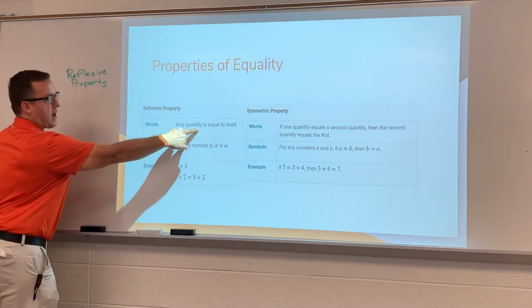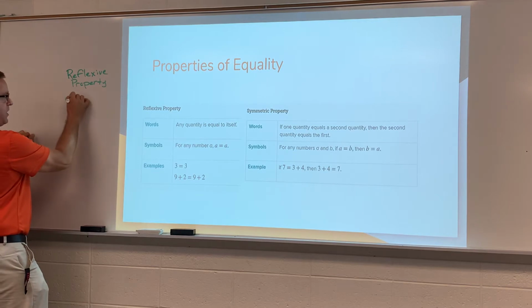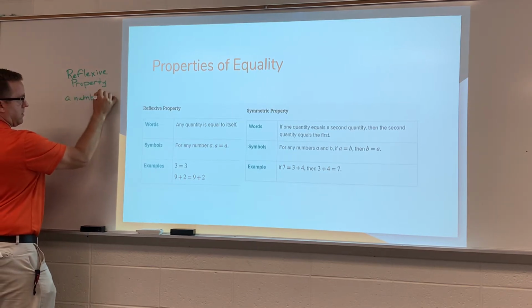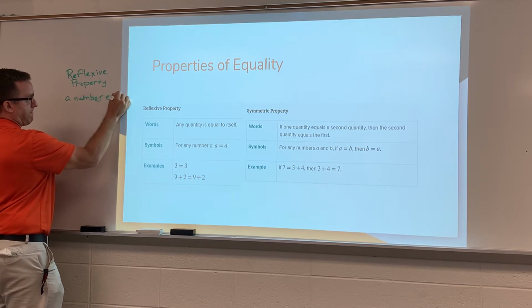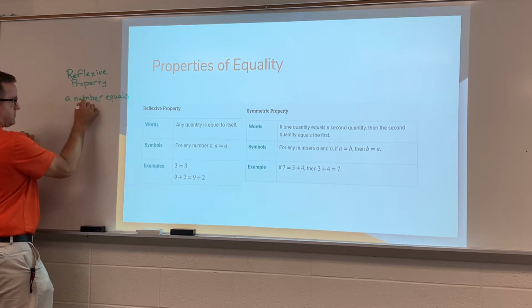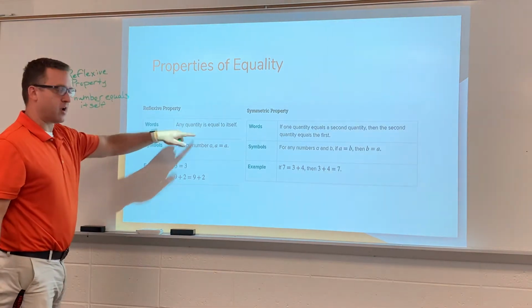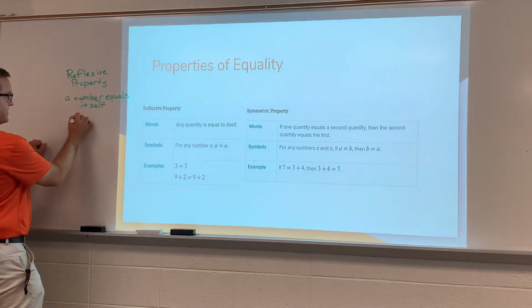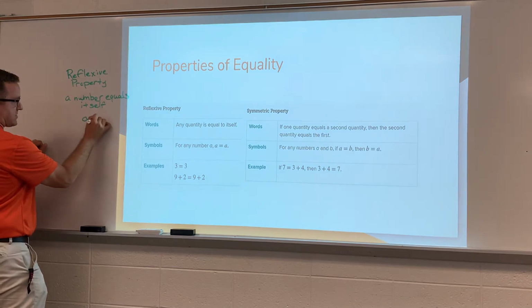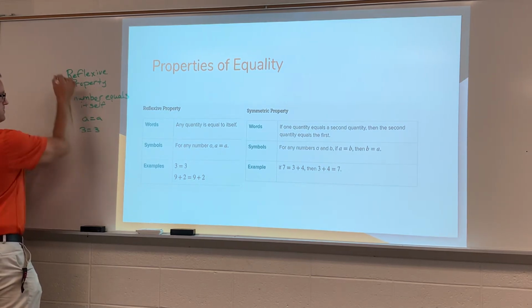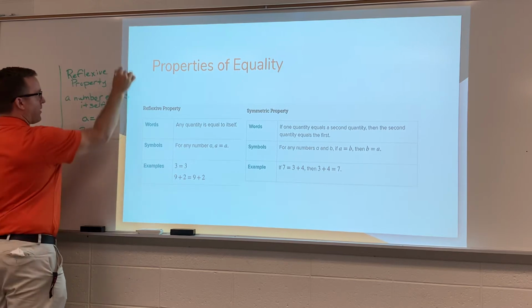I don't use quantity that often, so I'm just going to write a number equals itself. And they use the word quantity because you could also use variable. It's okay. So in symbols, we could say A equals A, or in numbers, we could say 3 equals 3. So there is my reflexive property.